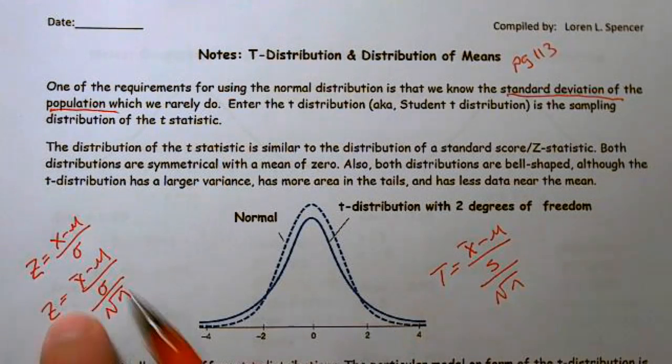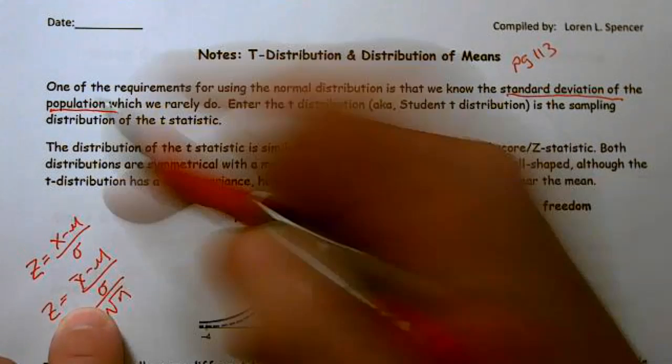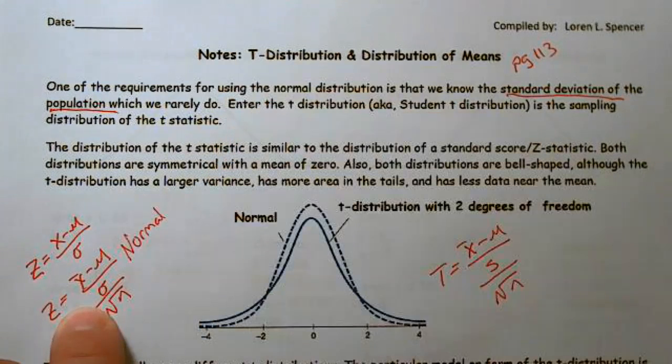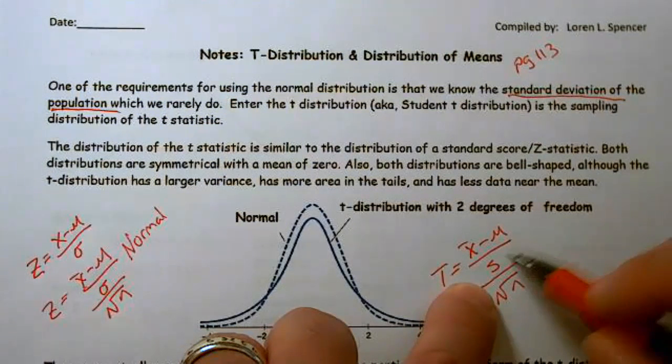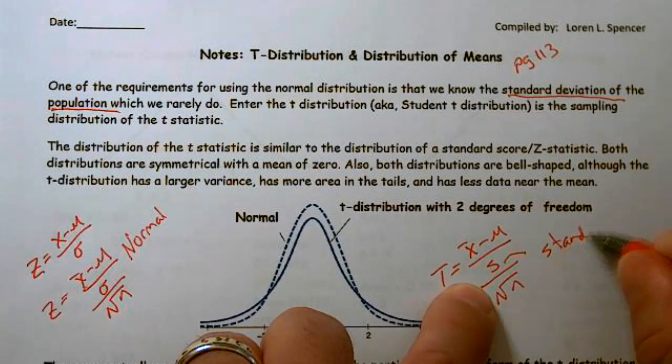And you'll notice here that we have the standard deviation of the population for the normal. We're working with the normal when we have the standard deviation of the population. But here we don't have the standard deviation of the population. We have the standard deviation of the sample.